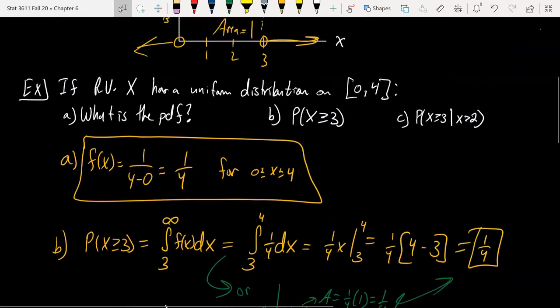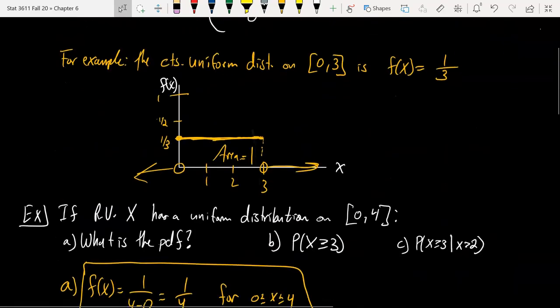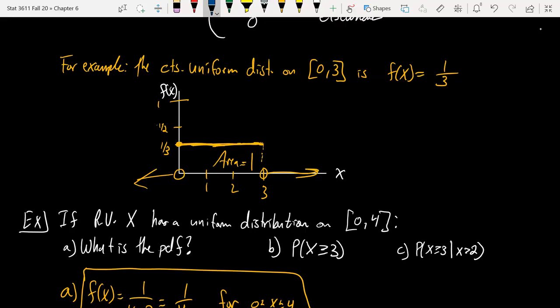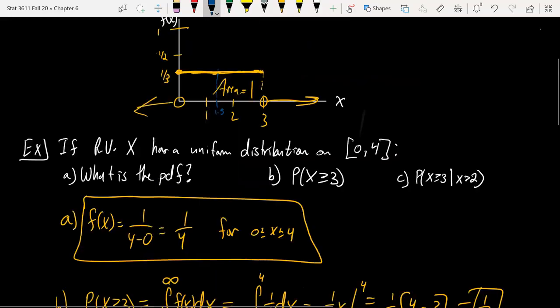If you go back to a sample distribution, like right here, this goes from 0 to 3. Where's the mean going to be? Right here at 1.5, right in the middle, a plus b over 2. It's uniform, right? The probability curve is flat. It does not change. So the mean is going to be right smack dab in the middle.